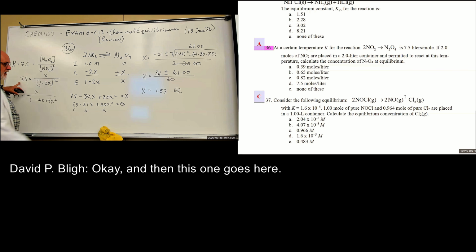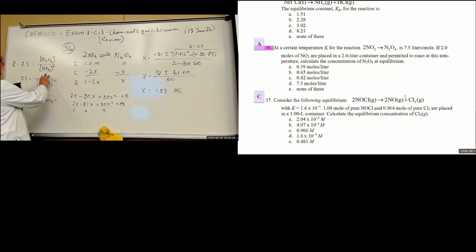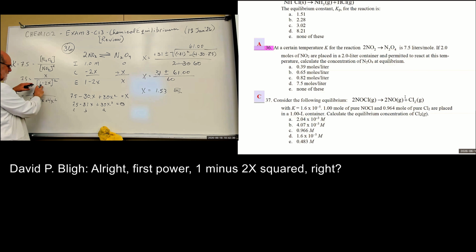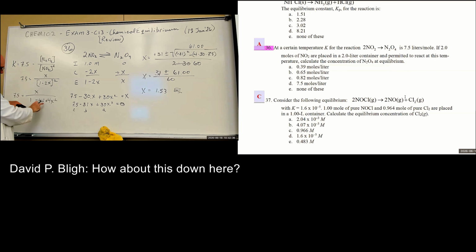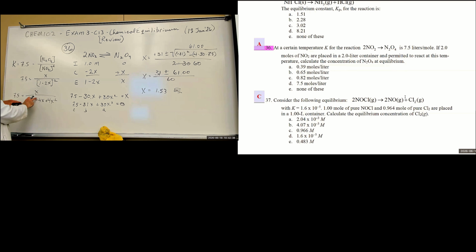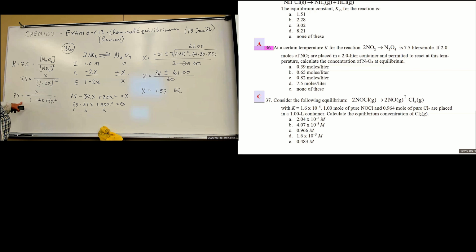Right. Okay. And then this one goes here. Right. First power, (1 minus 2x) squared, right? How about this down here? X over 1 minus 4x plus 4x squared. Is that right? 36.